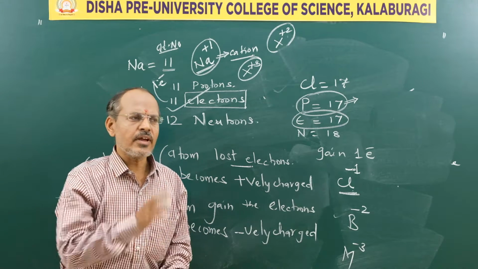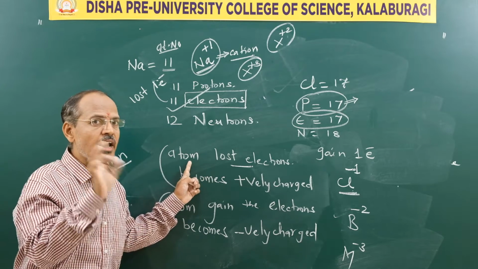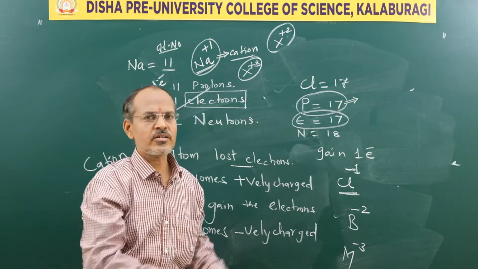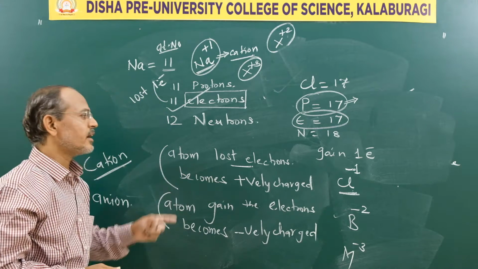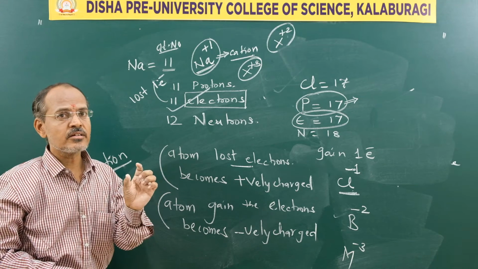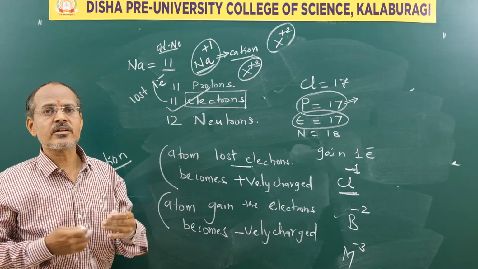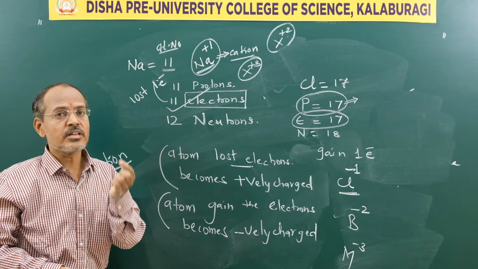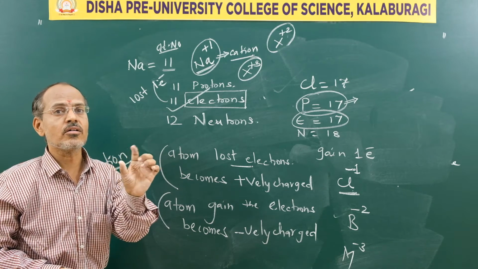Concentrate here: if any atom loses or gains electrons, then that particular state of the atom, the state at which the atom has lost or gained electrons, we call an ion.